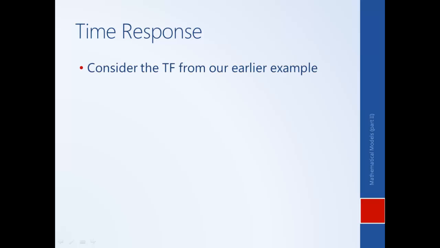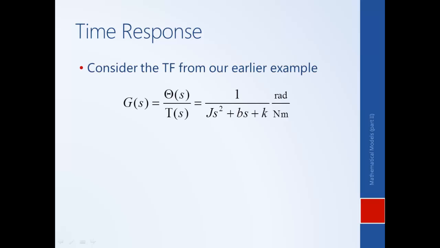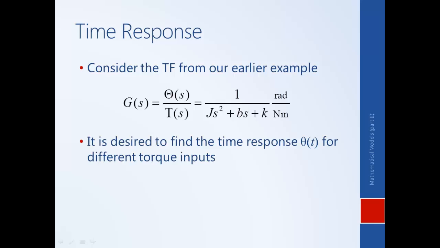So consider the transfer function of our driveline from earlier, where we had an input of torque and an output of angular twist. In general, we may want to determine the twist experienced by a driveline for different types of torque inputs. For example, if there's a big sudden application of torque, a step in torque, or if the torque is being oscillated at some frequency.